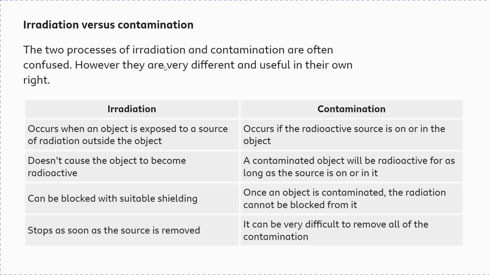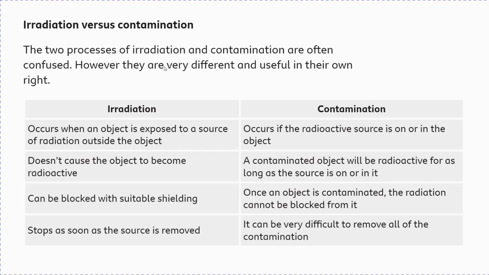We can be irradiated, so I can be exposed on the outside of my body. It doesn't cause the object to become radioactive, so in most cases it just goes straight through it, and it can be blocked. If you go for an X-ray, for example, that is potentially hazardous, but they will use shielding to prevent you being damaged. And with irradiation, as soon as the source is removed, that irradiation is also removed.